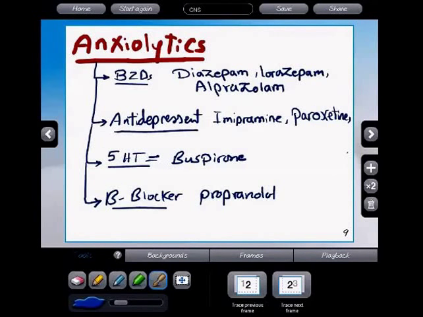So in obsessive compulsive disorder, this is major anxiety. So when we treat it, we give an anxiolytic drug to decrease the anxiety that caused the obsessive compulsive disorder.